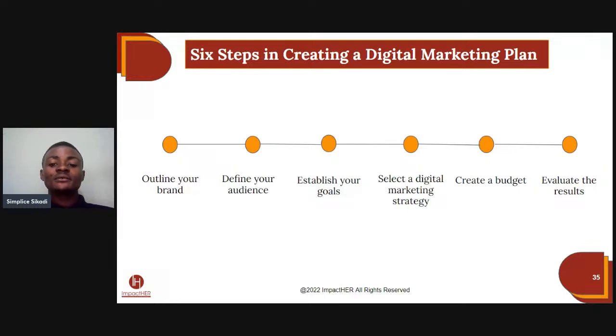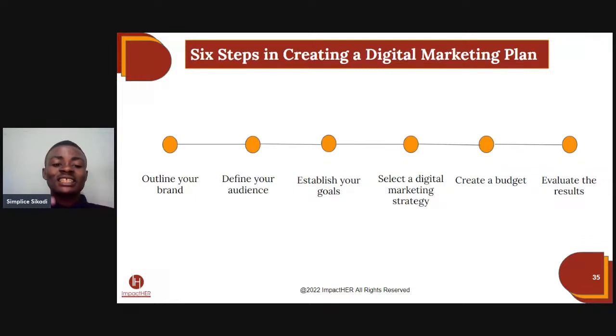And then lastly, you have to be able to evaluate your results. It's easy to evaluate your results using the Google Search Console, or using Google Analytics, or using your social media insights, where you can see how good your ads performed, or what kind of people you are reaching.